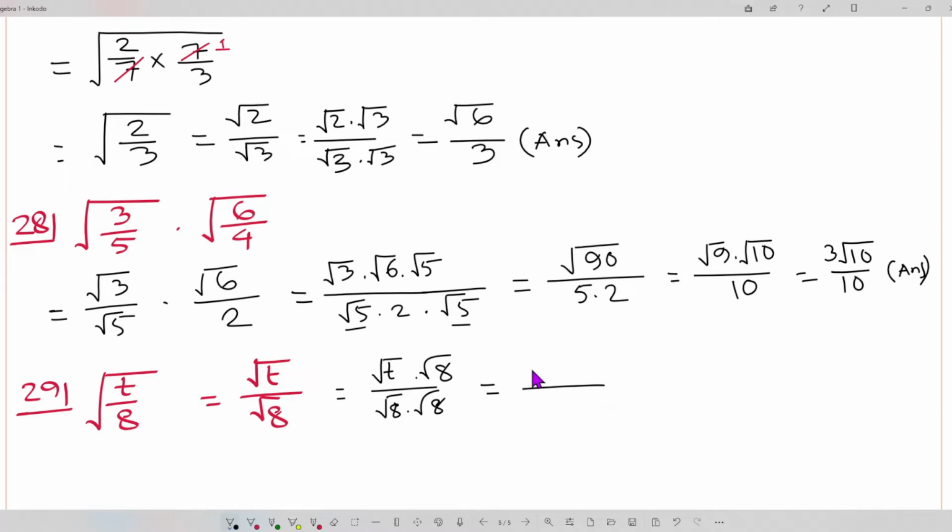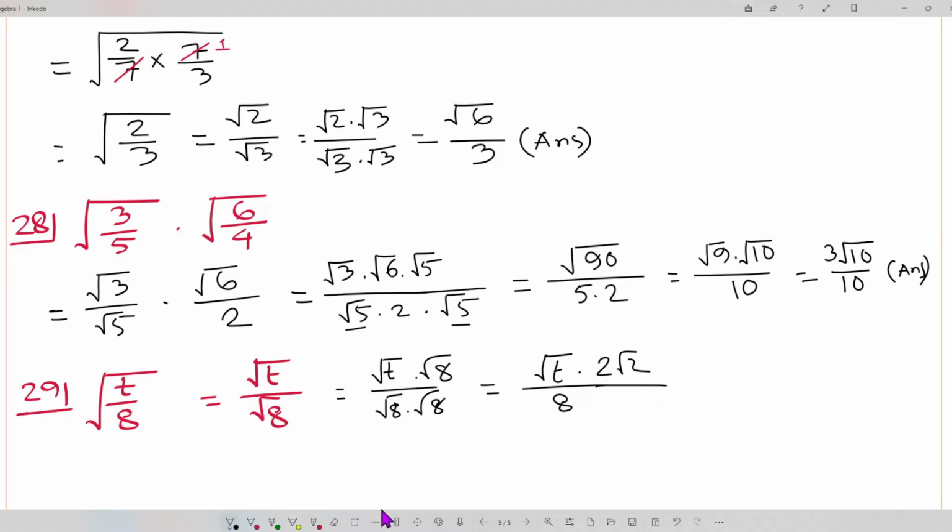So here is what? Root 8 times root 8 will become only 8, right? And here is root t times root 8, we can write 2 root 2.